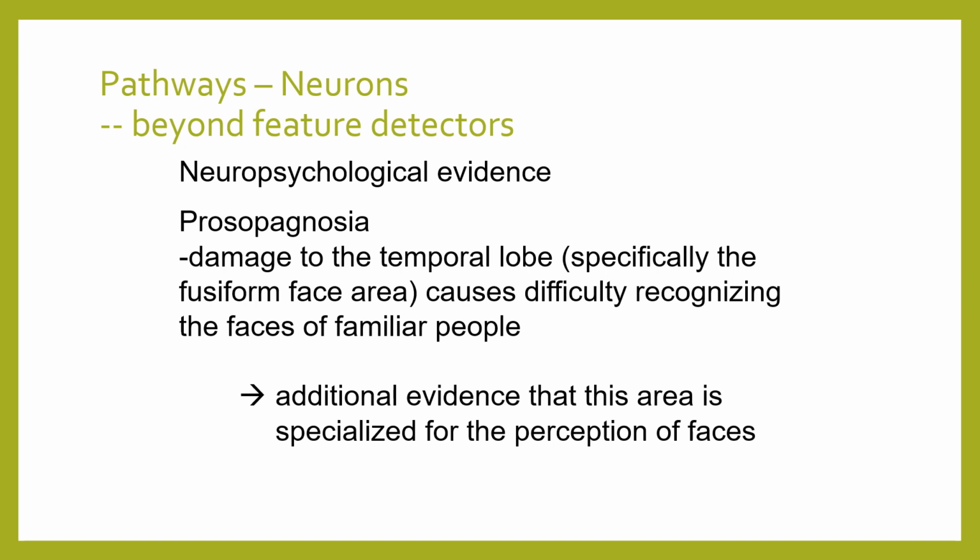So this is just additional evidence that this region is specialized for the perception of faces. And I do have a couple of vignettes or stories for talking about prosopagnosia, and I'll use the one that's a little bit funny, even though it's kind of not, if you really think about what all this means to somebody. So this was somebody who had damage from a stroke and damaged the fusiform face area pretty severely.